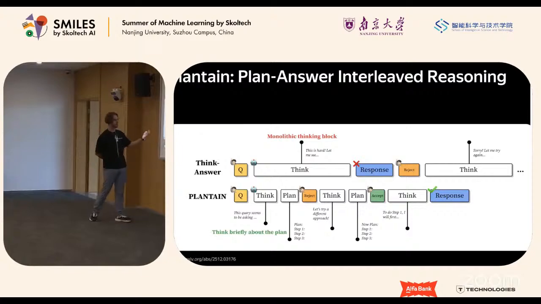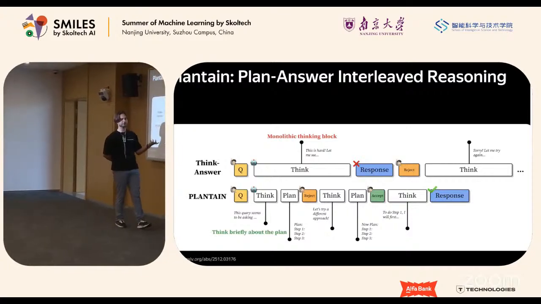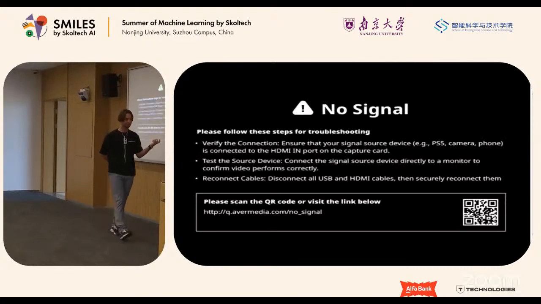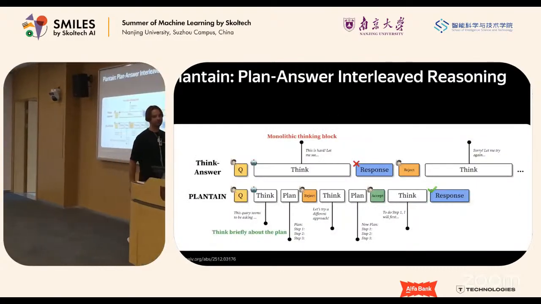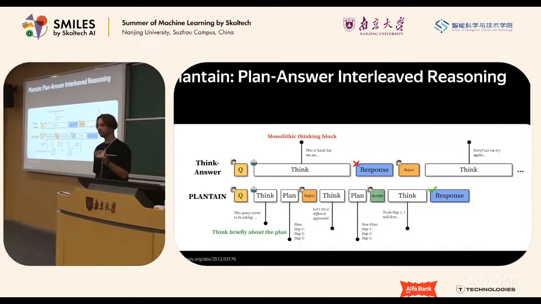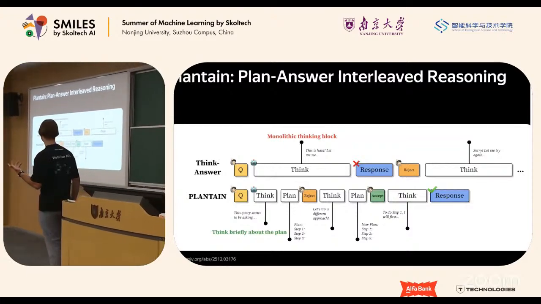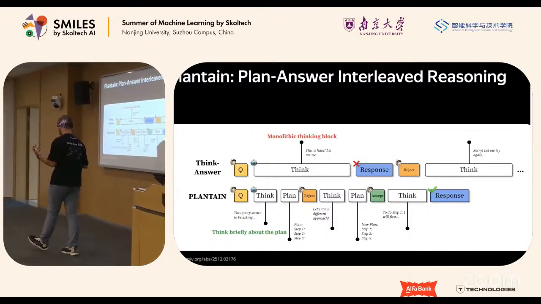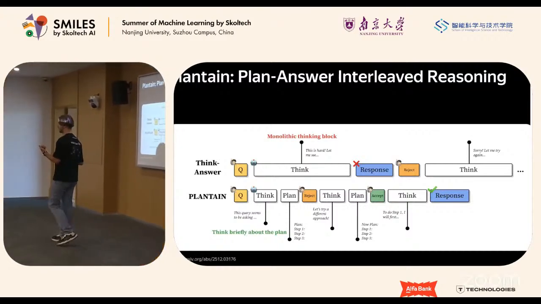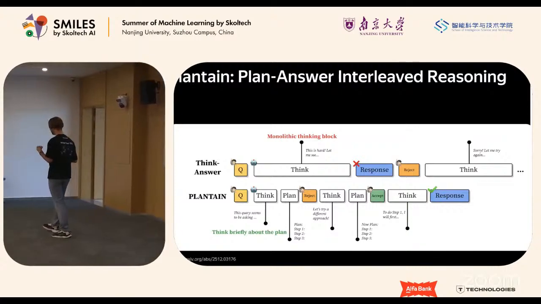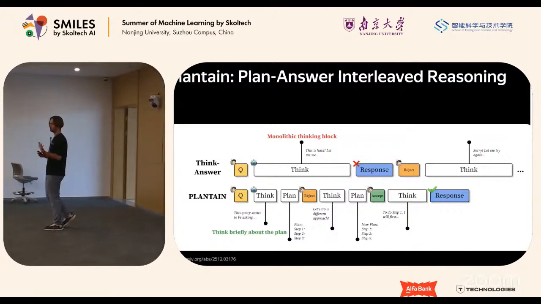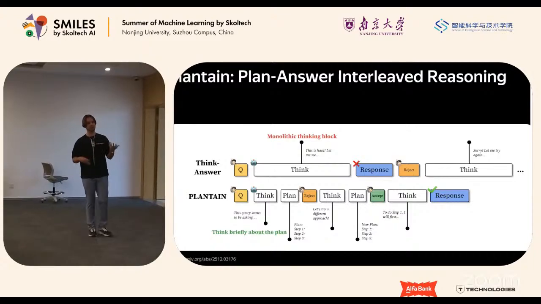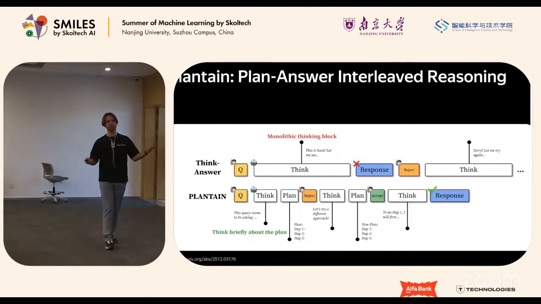So you're going to have a plan which can be rejected or accepted with additional user inputs. Then you have a thinking phase, which is not visible to the user, and then you have the response. This is a strict pipeline of giving the answer, but it gives an LLM an opportunity to give a partial answer, receive feedback from the user, and then proceed with giving the final answer.